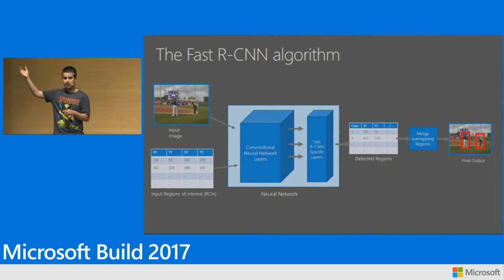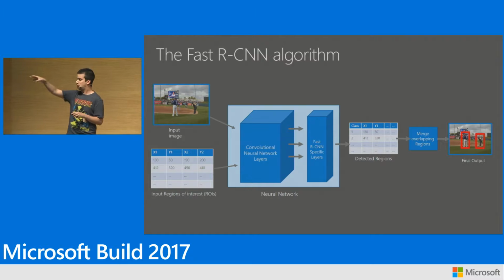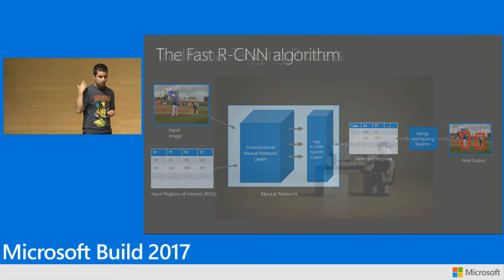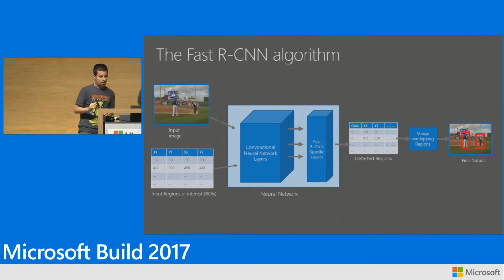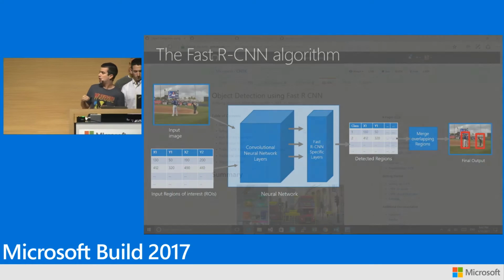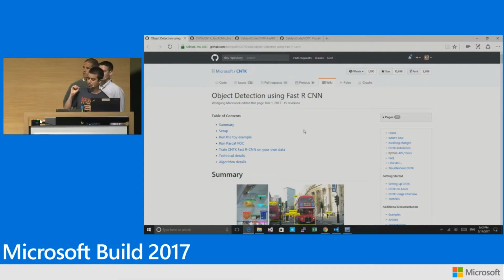It receives an input image, runs it through the network, and then gives you a collection of detections for that image. It uses the data we showed in the previous slide, the images and the boxes.